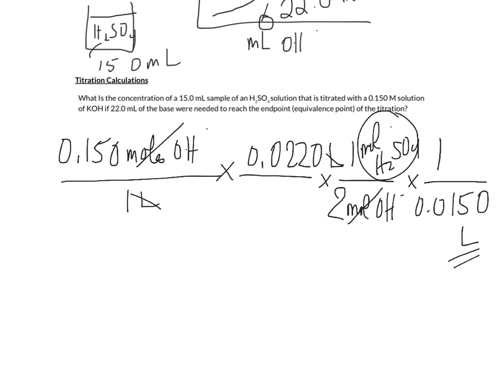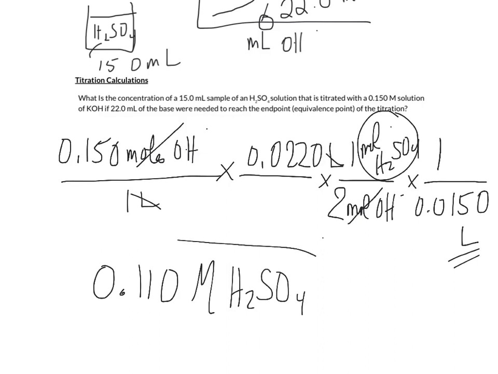Taking out your calculator, you're going to enter 0.150 times 0.0220 divided by 2 divided by 0.0150, and what we're going to end with is 0.110 to 3 sig figs molar H2SO4 solution.